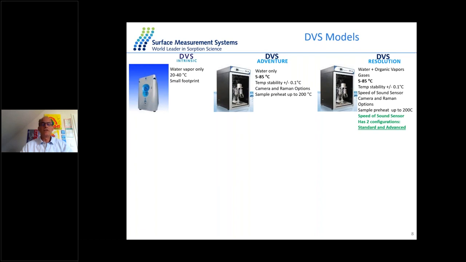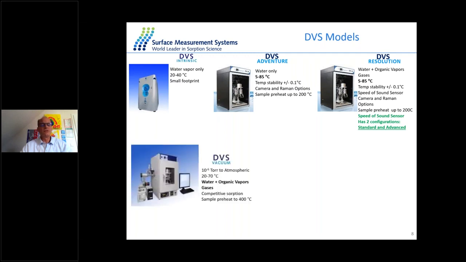For all those instruments, Adventure and Resolution, you have a choice of options, which is a video microscope, Raman spectroscopy, NIR, IR, and all those measurements are done in situ during the vapor absorption measurements. We'll see a lot of examples later.